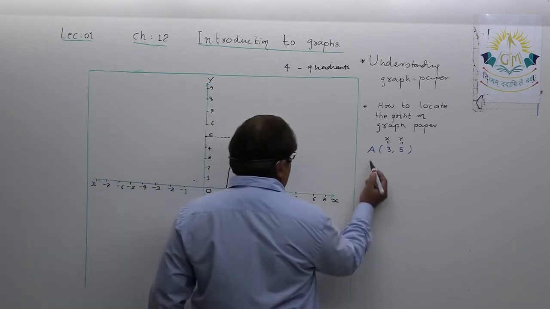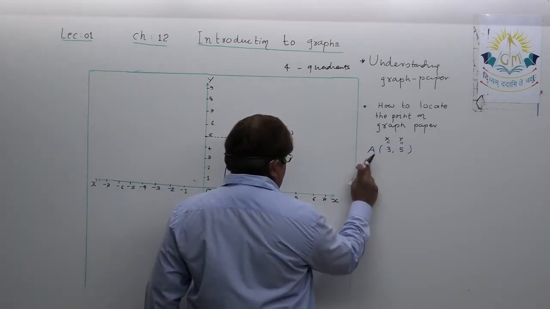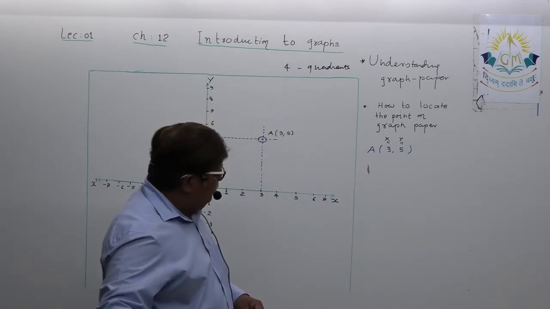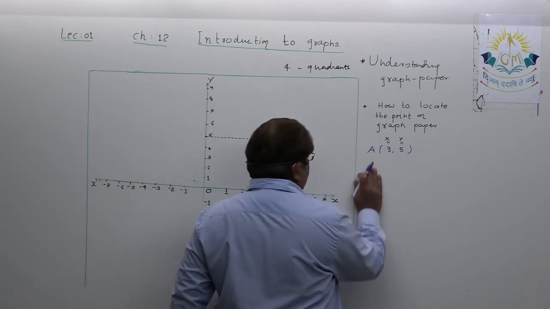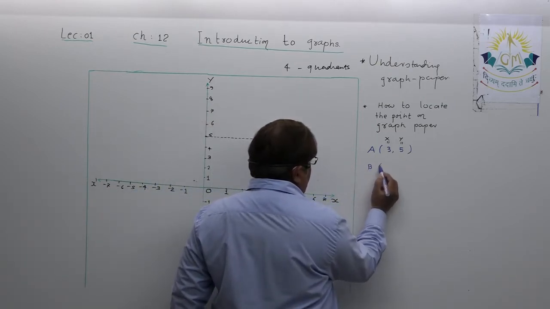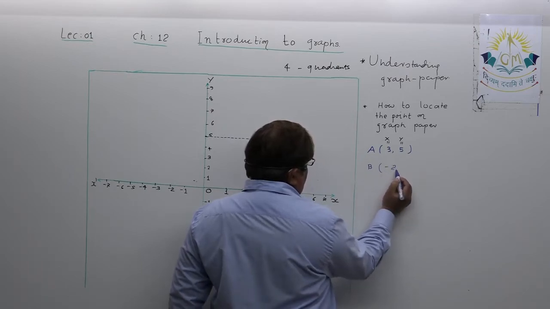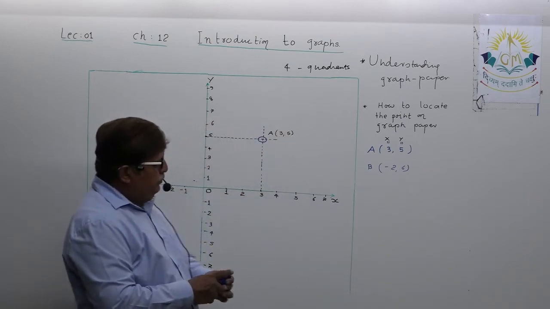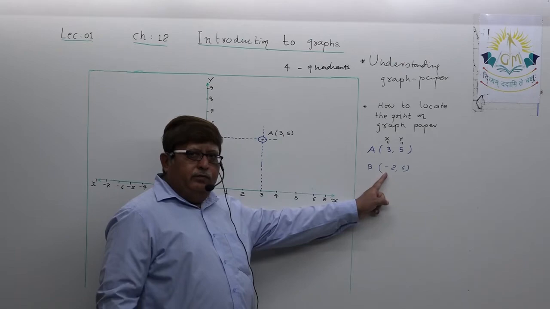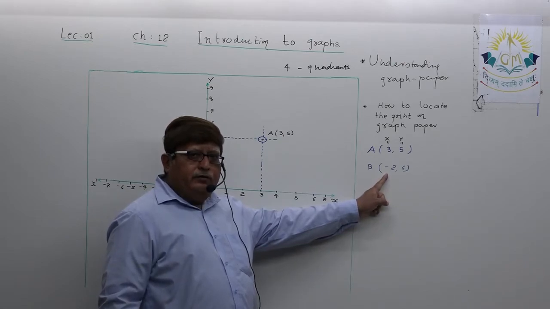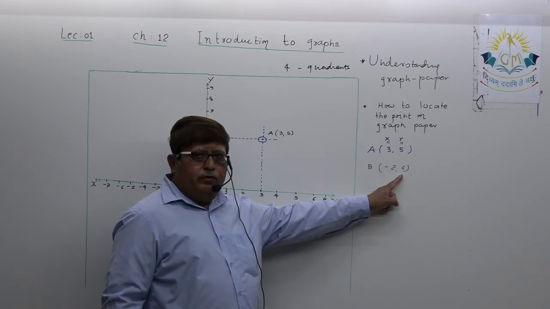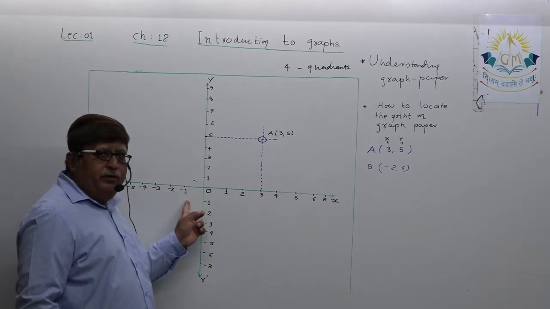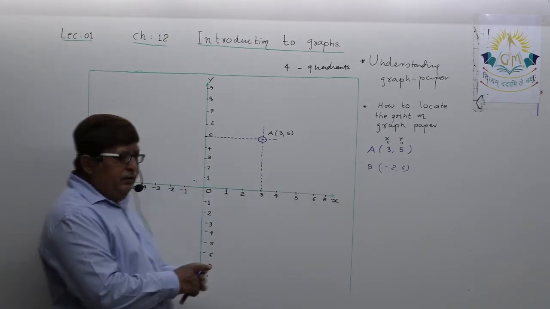Suppose, dear student, we take some another point. Suppose, let me take 4 points at least. Okay. See, suppose B minus 2 comma 6. Now can you say me point B, first number is called x coordinate, this is called y coordinate. This number you have to find on x coordinate, second number on y coordinate.